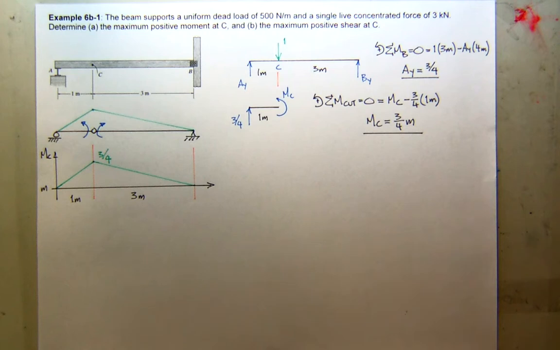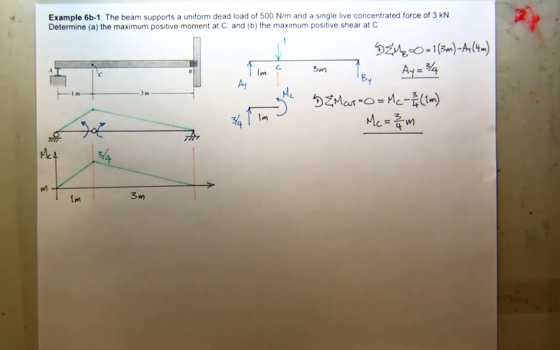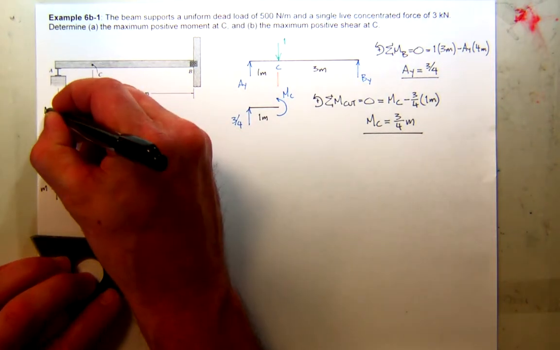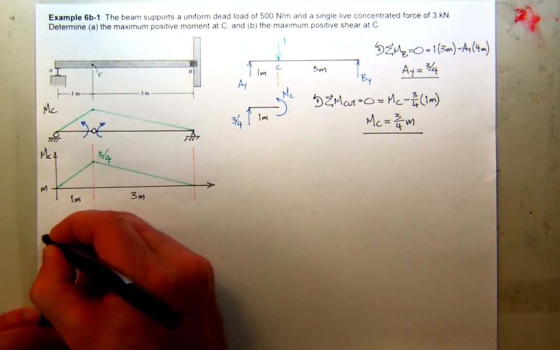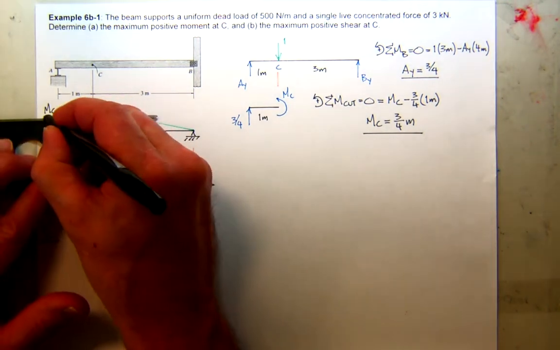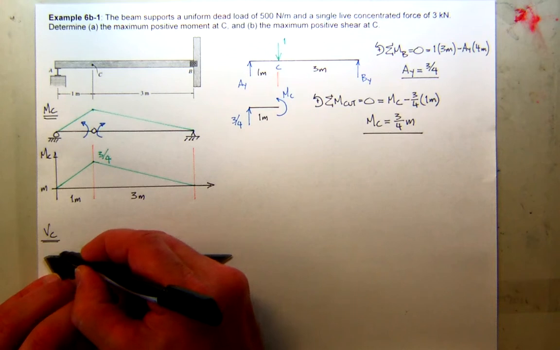What about the influence line for the shear at C? So this is moment at C. What about shear at C? Well, I'll look at my drawing again.